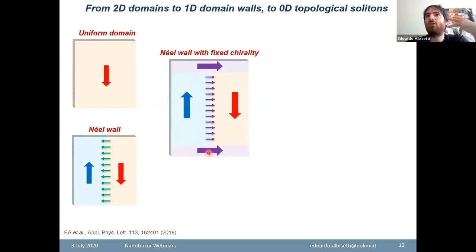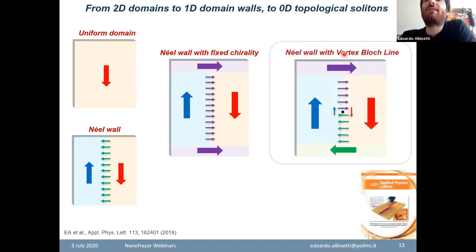So what we did was to exploit the boundary conditions at the two ends of the domain wall for fixing the magnetization within the domain wall. But then we can do exactly the same thing, but instead of writing both domains with the same magnetization direction, we can write, for example, the top domain towards the right and the bottom domain towards the left.